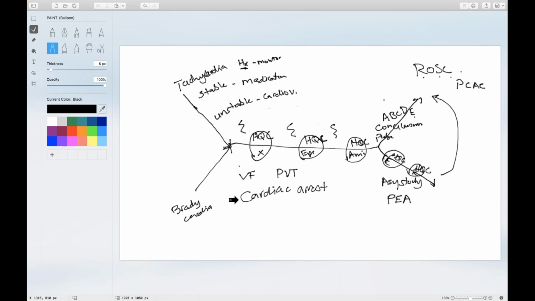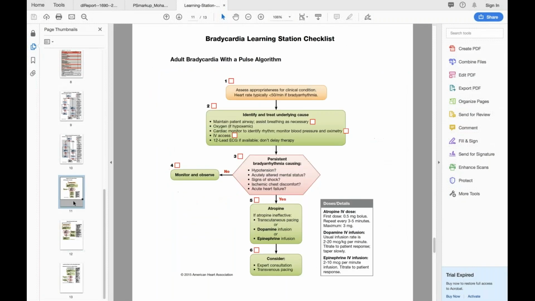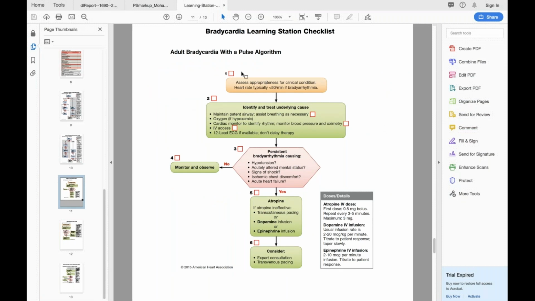Now, the second person who will come to us is the bradycardia patient. He can come stable or unstable, the same way. But bradycardia is easier to treat, or let's say not to treat, to understand.